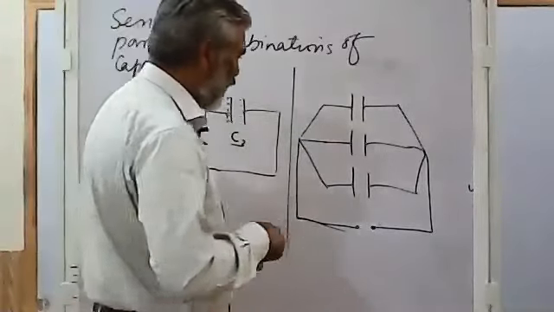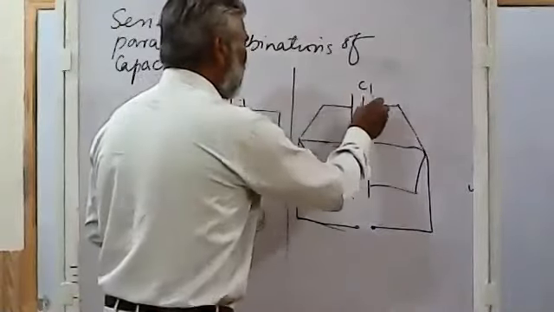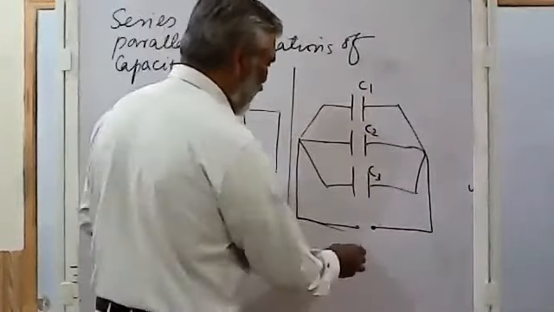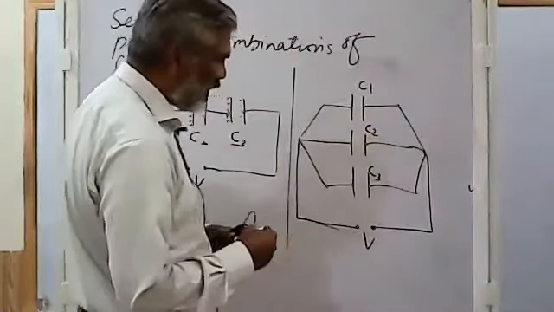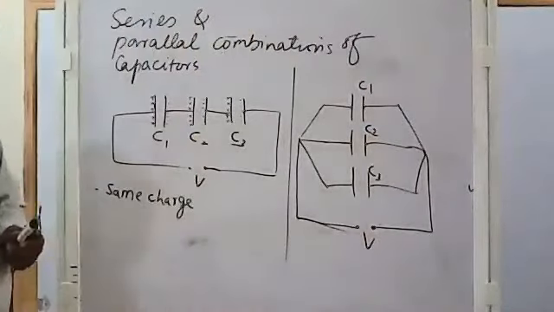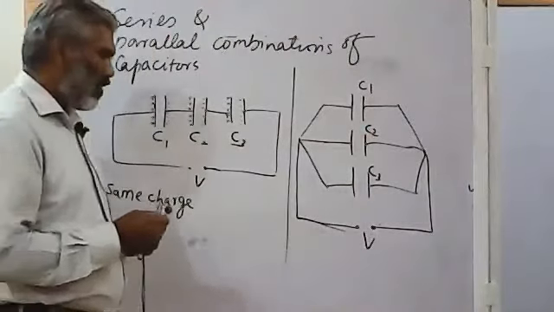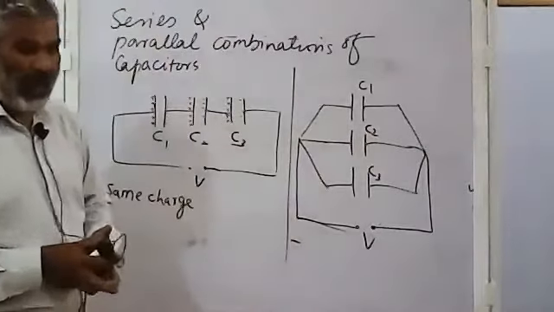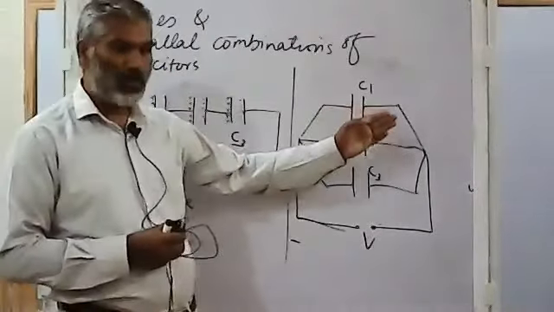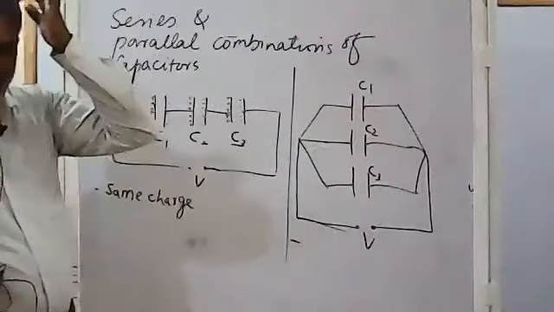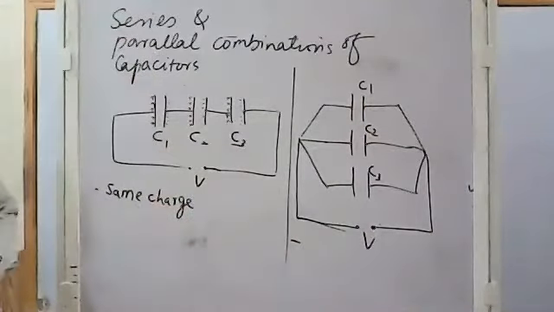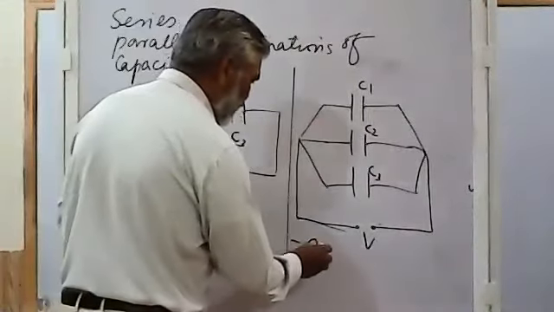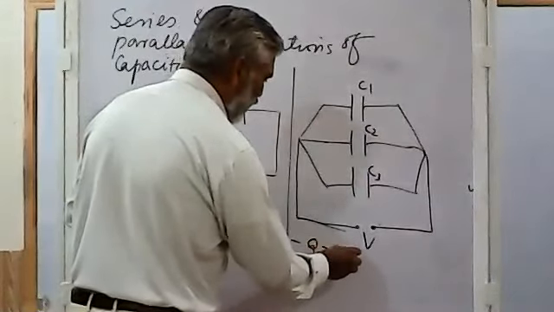Now come to this point. If you have the capacitor C1, you have a capacitor C2, you have a capacitor C3, and you have a voltage V connected across these three capacitors, now the charge Q will be different, and larger Q will be stored if we have larger capacitance because V is same. So Q will depend on C now. So Q is equal to CV.